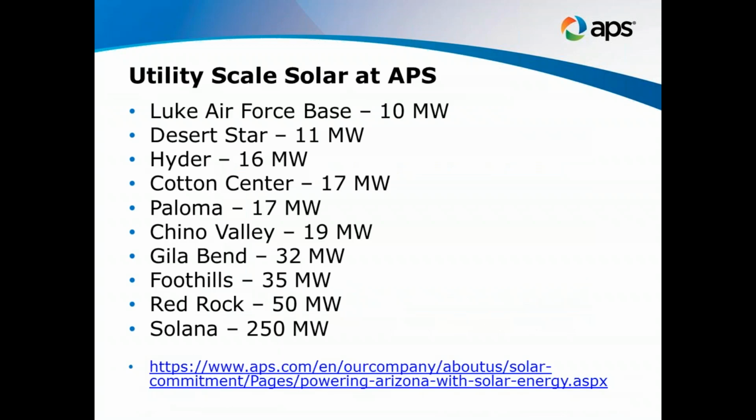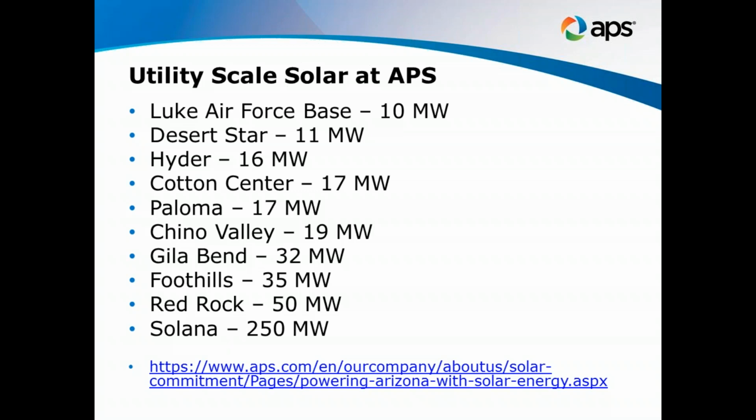So our utility scale solar plants at APS are listed on the slide here. The majority of them are a combination of power purchase agreements, so third-party vendors contracted to build the site, and APS purchases the output. A few of them are owned and operated by the utility, and one in particular, Red Rock, was a partnership between some private entities within the state of Arizona.